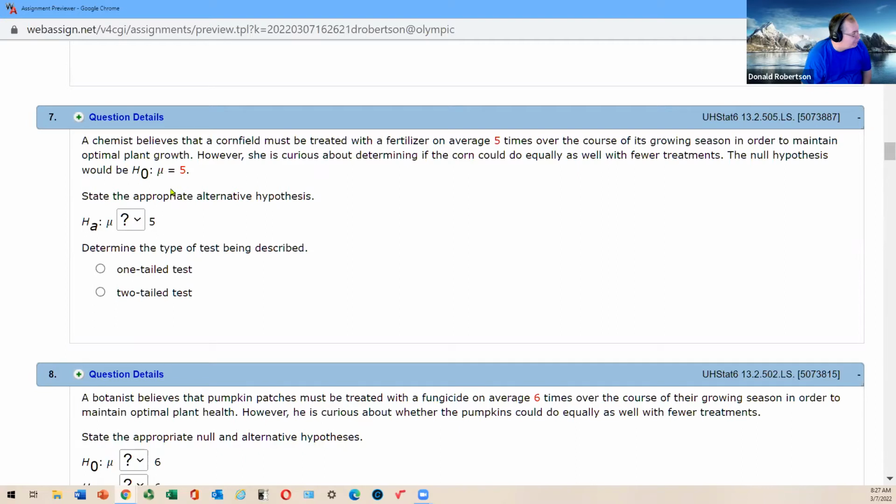The null hypothesis is 5. What do you think her alternate is going to be? They've even set up most of it. Less than, greater than, or different from 5, based on the story that she's curious if she could use fewer treatments.